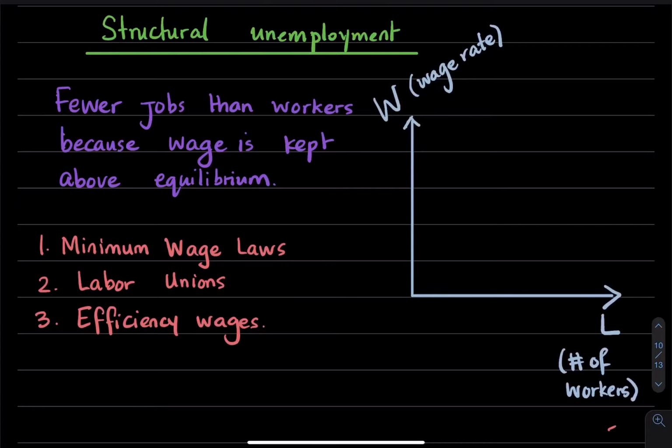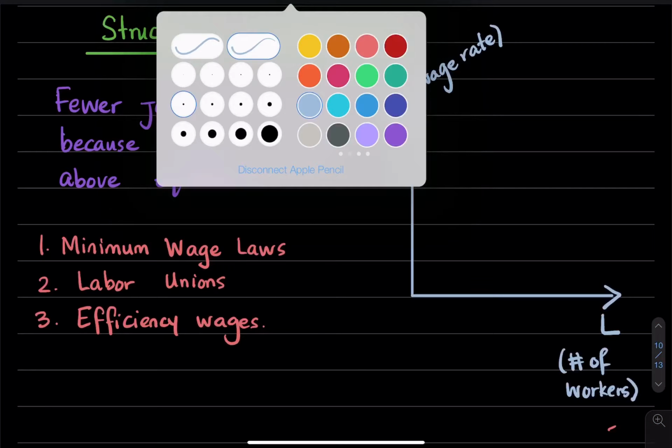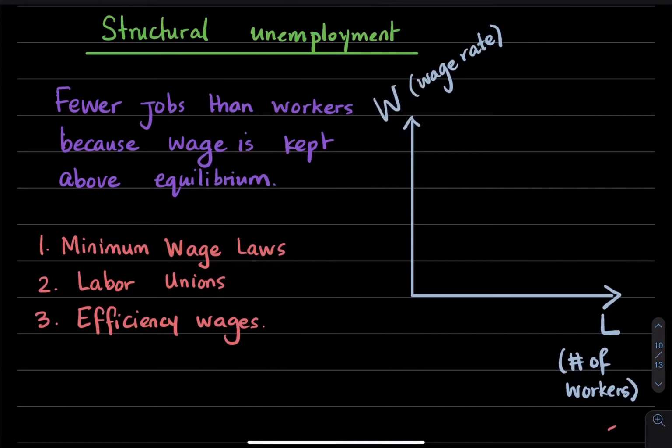And you have your standard demand and supply curves. You have an upward sloping supply curve for workers. So this is to say that as the wage rate, or the price of a worker, goes up, they're willing to supply more in terms of their hours. Okay, on the x-axis you could have number of workers or labor hours, really.